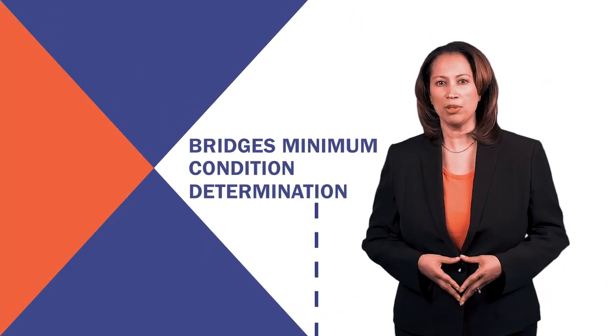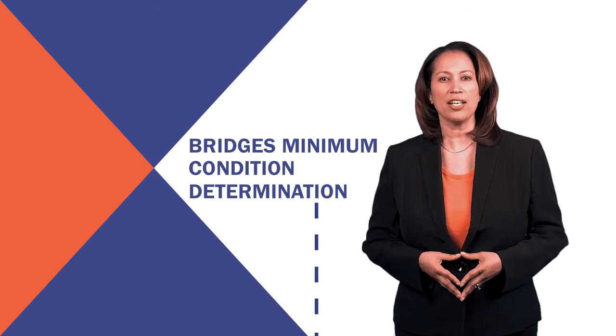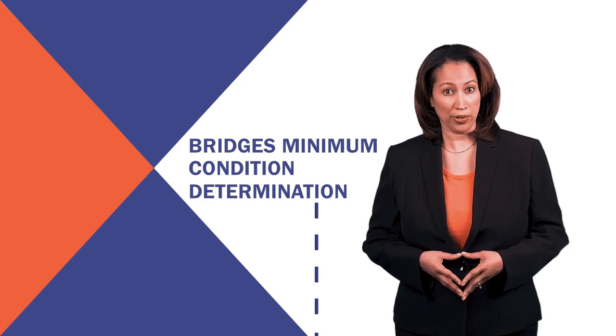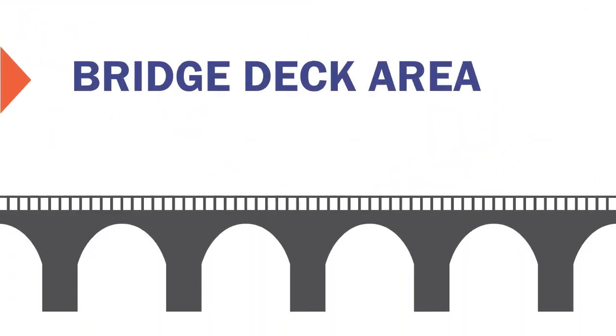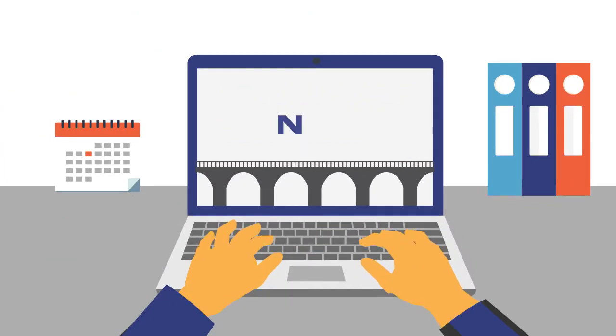The bridges minimum condition determination applies to all bridges on the NHS within the state's boundaries or that cross the state's border. Annually, FHWA will use the bridge condition data submitted to the National Bridge Inventory, or NBI, to calculate the minimum condition determination for bridge condition.